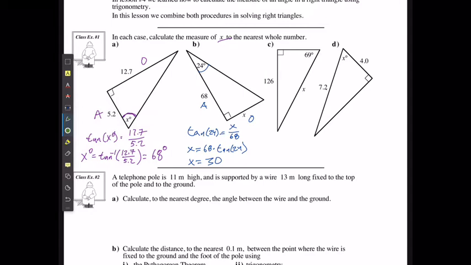For example C, I know my angle, I know my opposite, and I'm trying to solve for my hypotenuse, which means that I'm going to use sine.